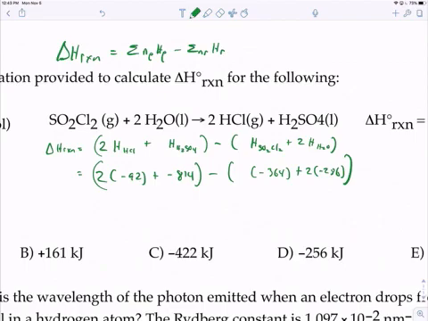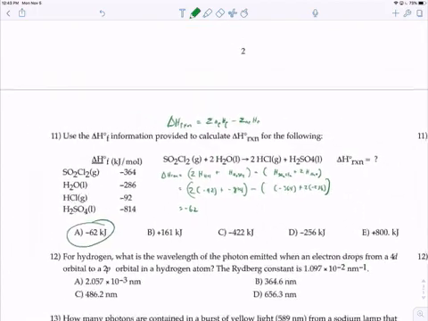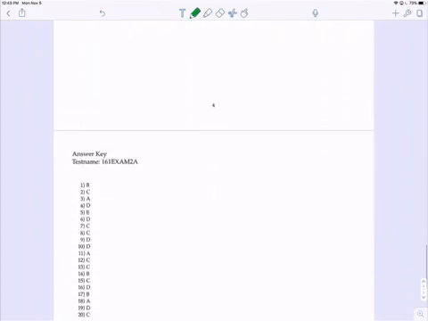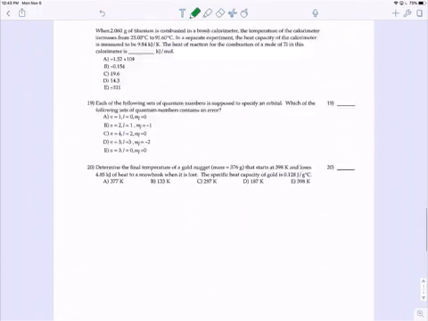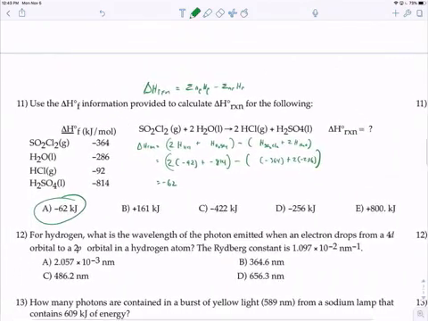There we go, minus 62. So that would be 11A. There we go.